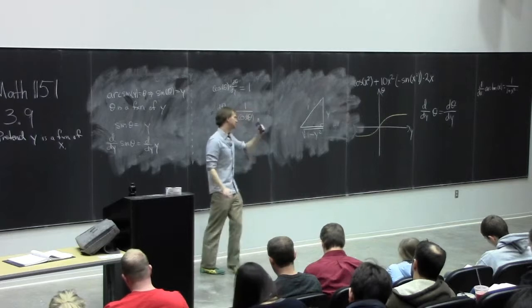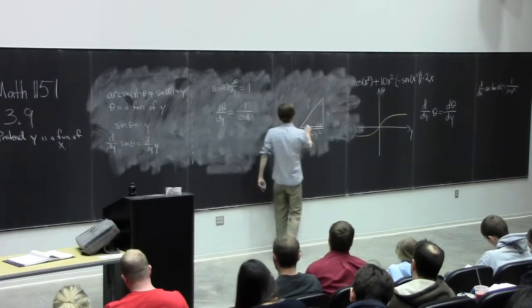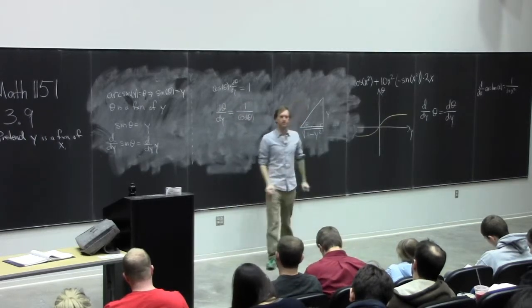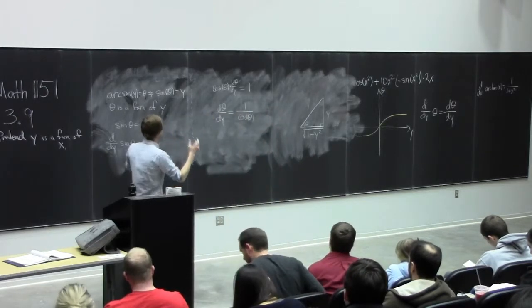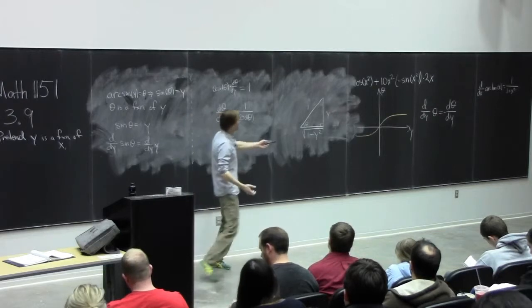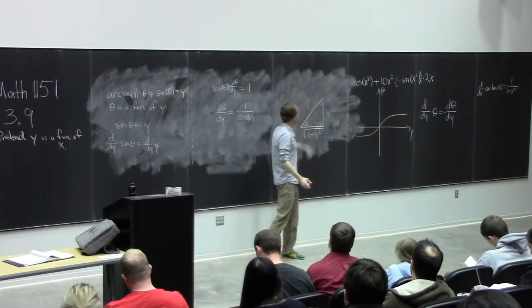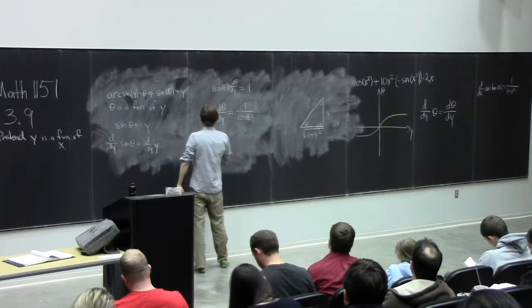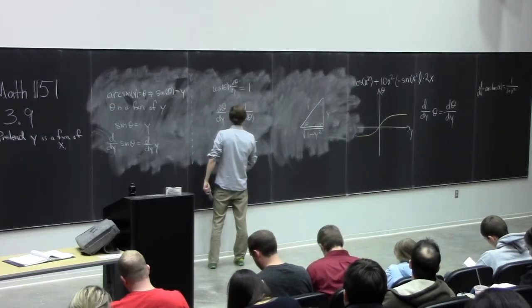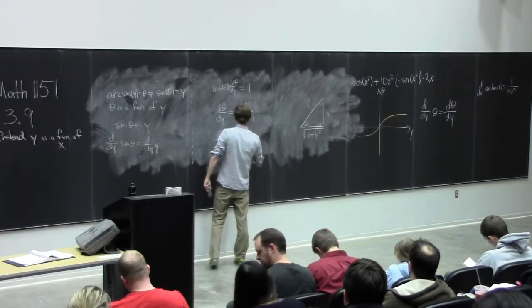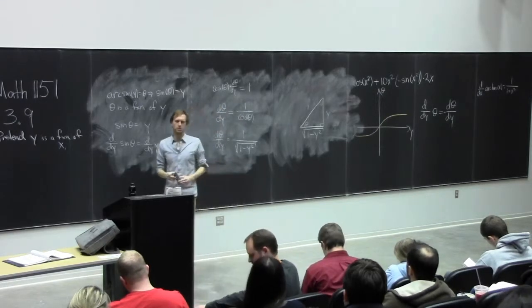Let's put theta there. Aha! So cosine is adjacent over hypotenuse. So d theta dy is equal to 1 over square root of 1 minus y squared.